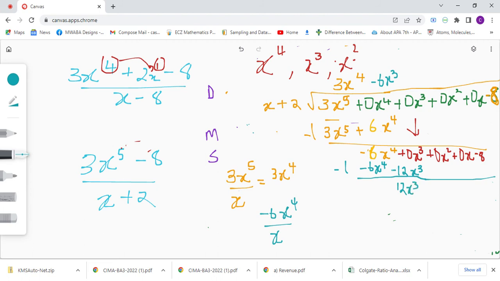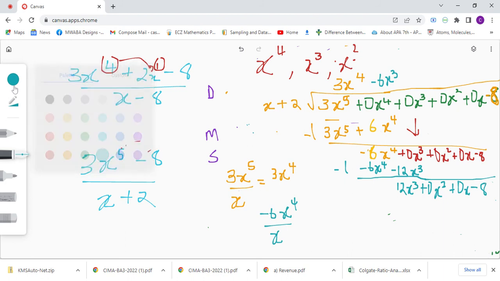This negative here and this minus sign make it positive. So we have subtracted. Now we bring down our 0x squared plus 0x minus 8.